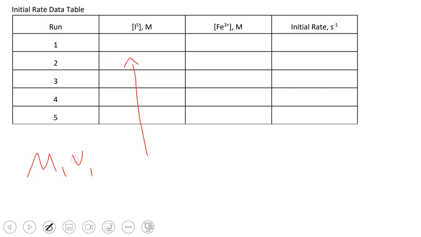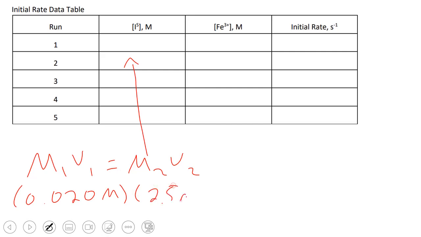Remember your formula for dilution: M1V1 equals M2V2. We take 0.020 molar times 2.5 milliliters, and that is equal to M2 times 10 milliliters.